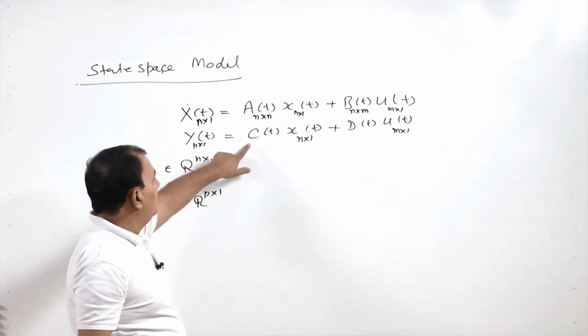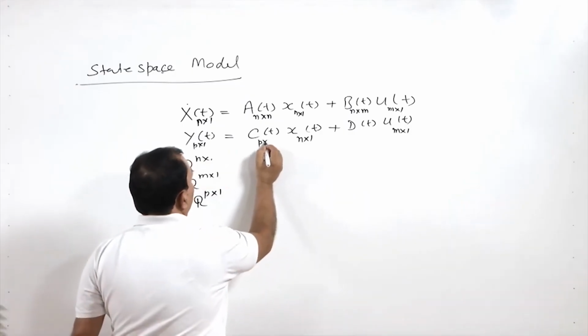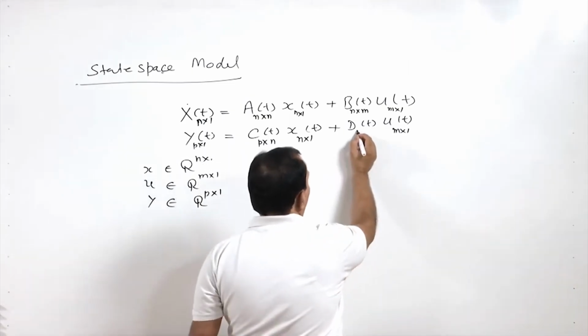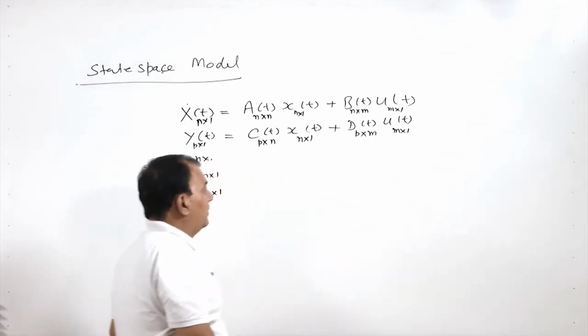So, naturally C will be a matrix of p cross n and D will be a matrix of p cross m.